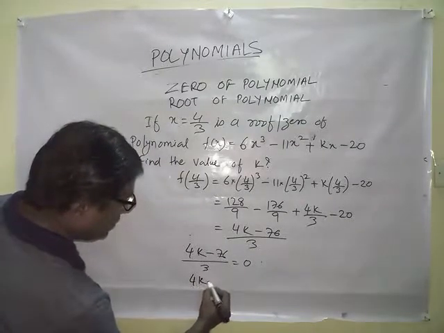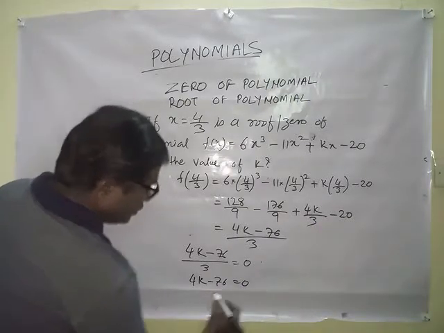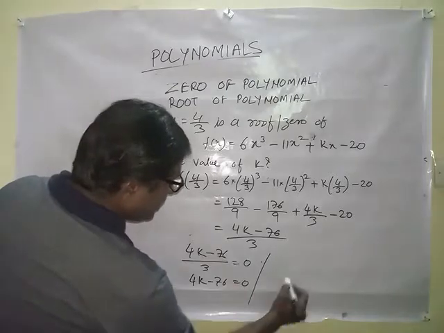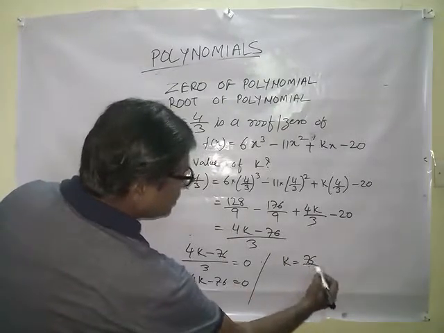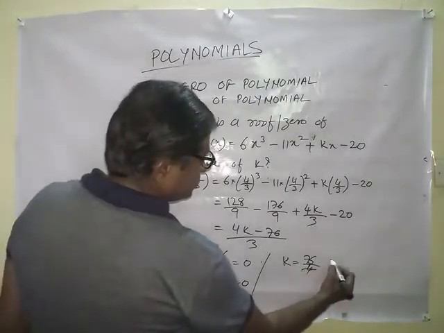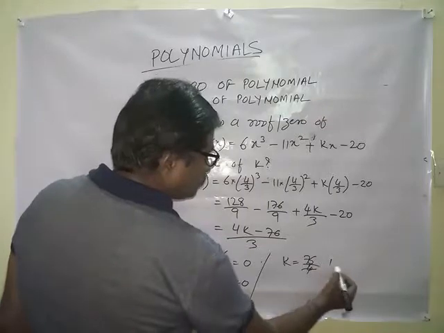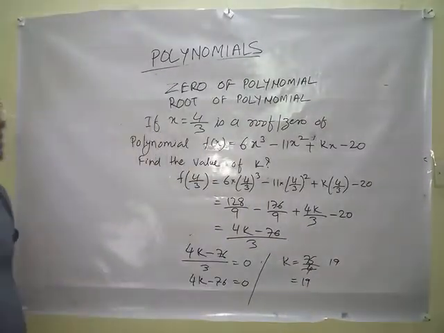So 4k minus 76 equal to 0, and k is equal to 76 upon 4.